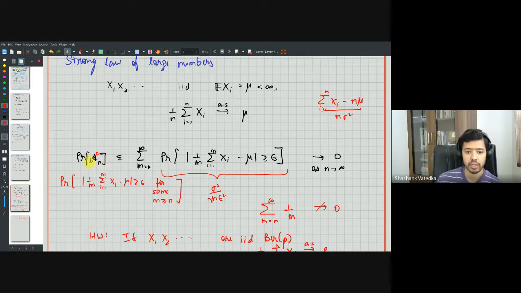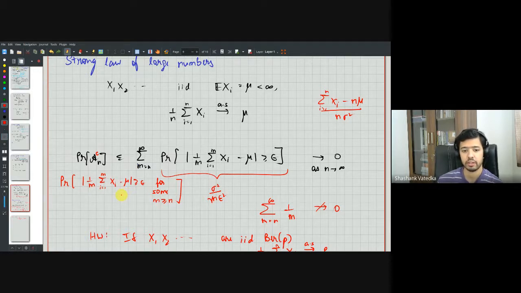So an does not happen if for some position m greater than or equal to n, this condition is violated, right?